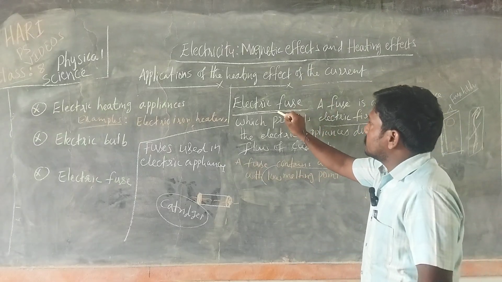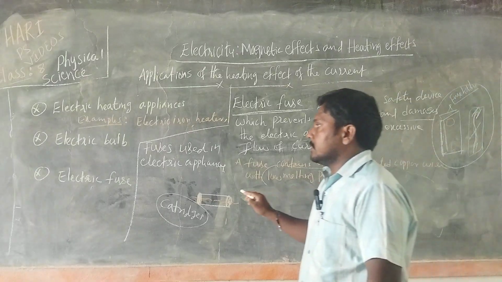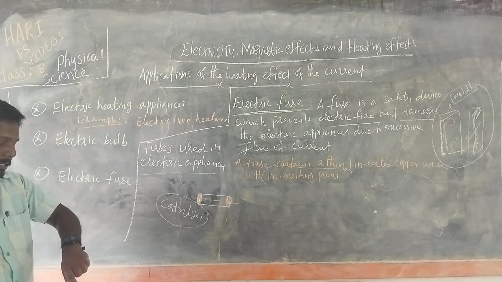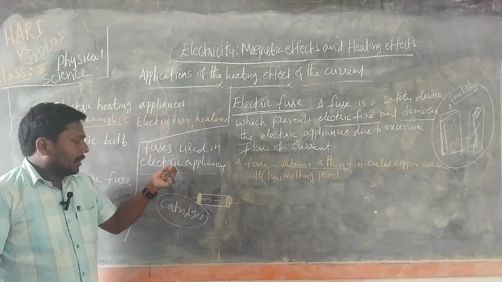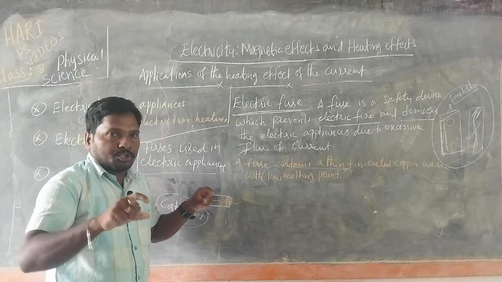So the electric fuse generally used in households is like this, with an insulated fuse holder with porcelain substances, whereas electrical appliances have cartridges. The cartridge has a glass tube.